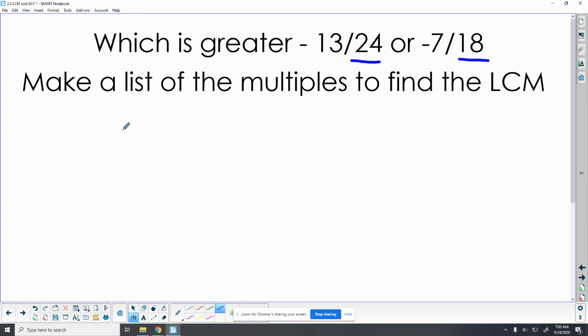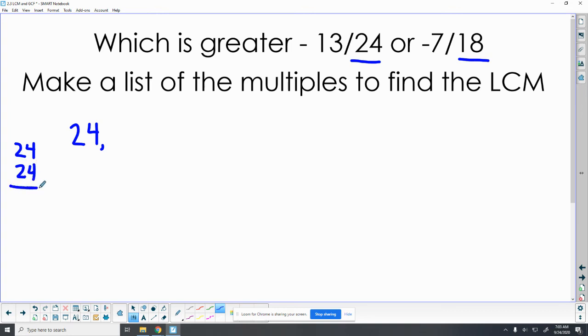So we're going to list out multiples of 24. So 24, and I don't know about you guys, but I don't know my 24 multiplication facts off the top of my head. So we might have to do a little bit of work, and that's okay.